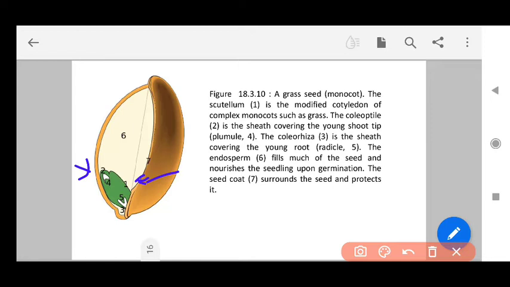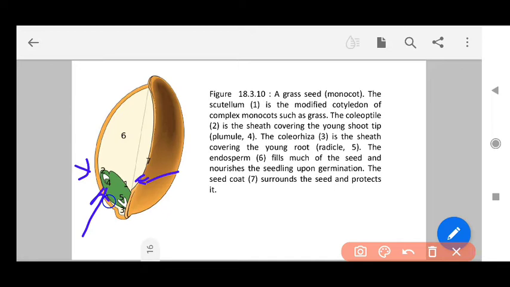The coleoptile is the sheath covered by the young shoot, that is the plumule. The fourth part is the coleorhiza, which covers your roots.